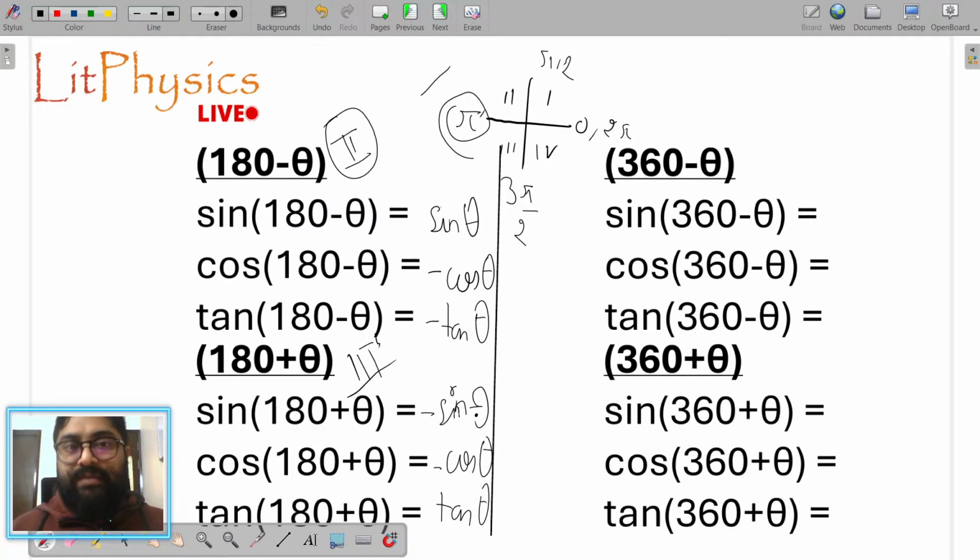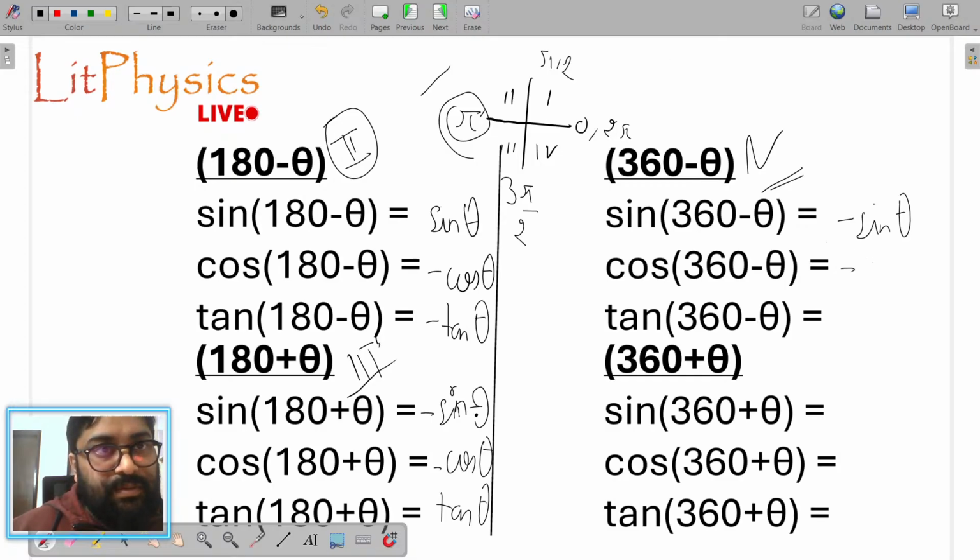So 360 minus theta, we are in the fourth quadrant, only cos is positive, therefore we have minus sine theta, cos theta, and minus tan theta. Clear?